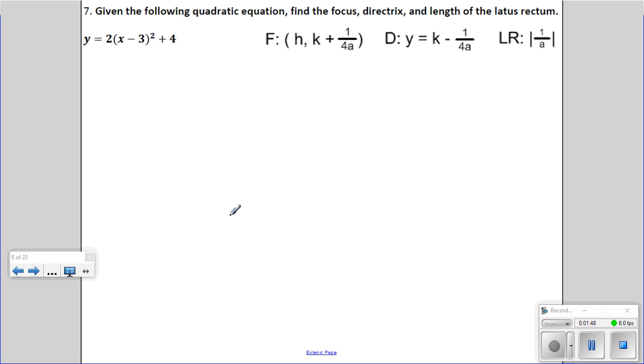Number 7, they give us the equation and want us to find the focus, the directrix, and the latus rectum. The vertex has a coordinate of 3, 4. The parabola opens up because A is positive.